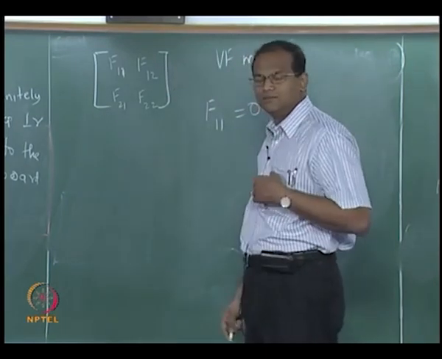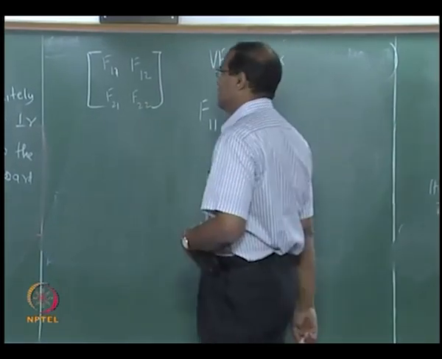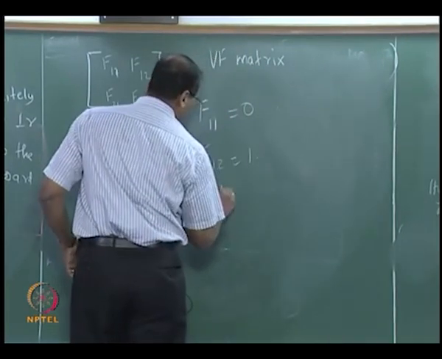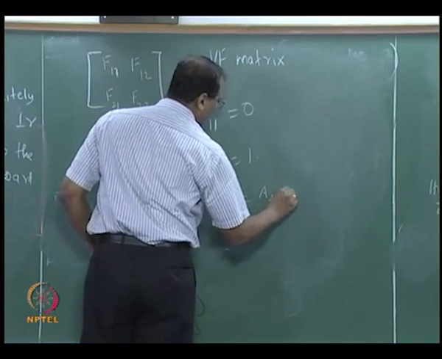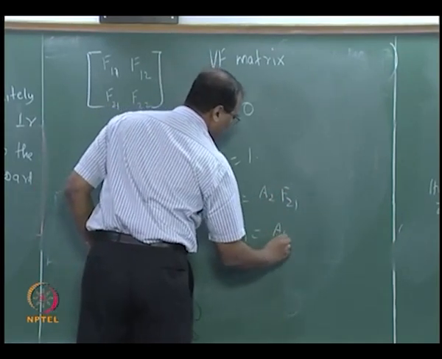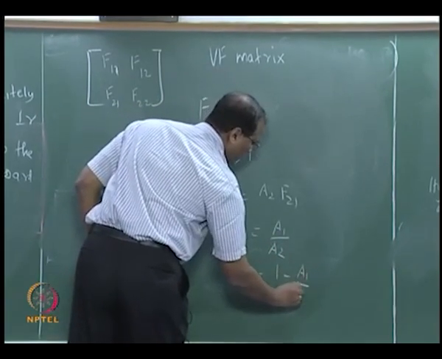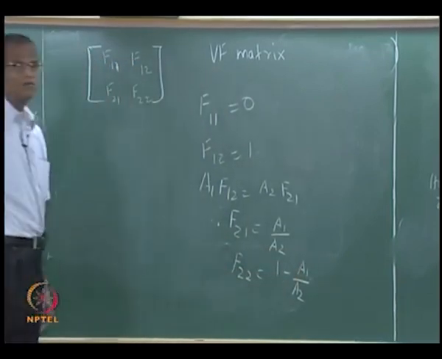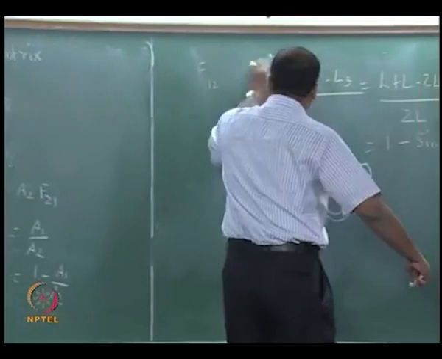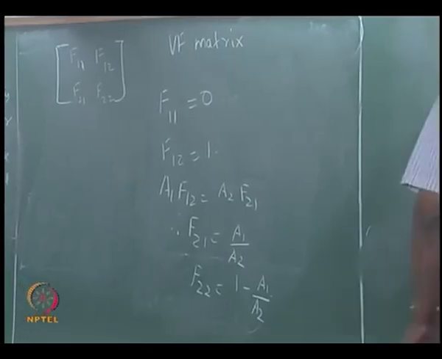because 1 is a convex surface but 2 is a concave surface. F12, A1, so 19.